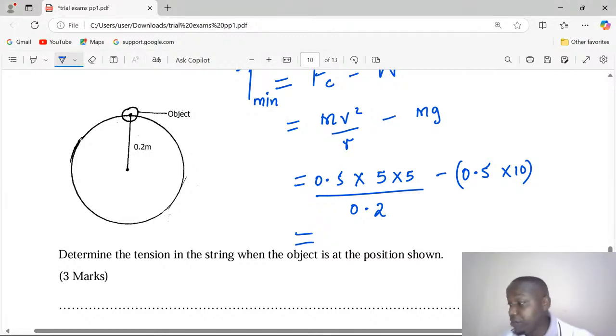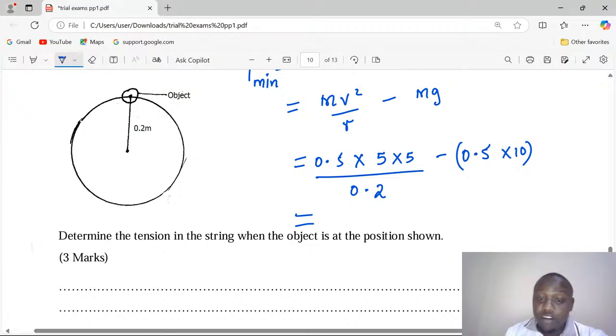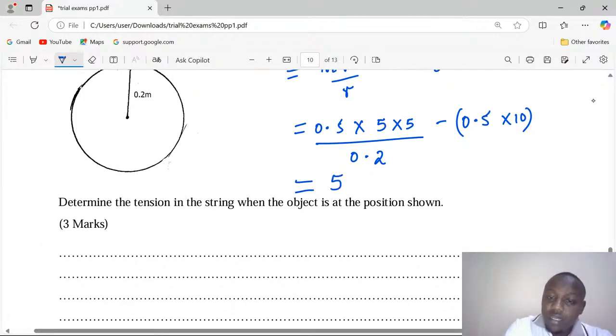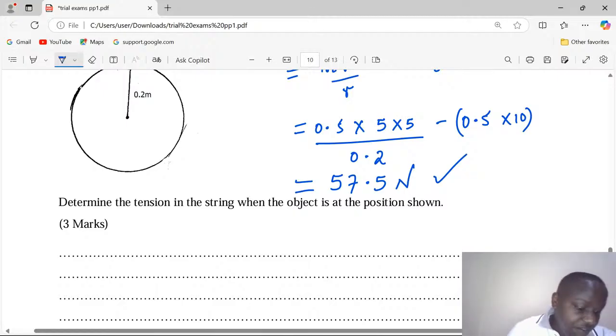When you compute this, you shall find yourself having 57.5 newtons.